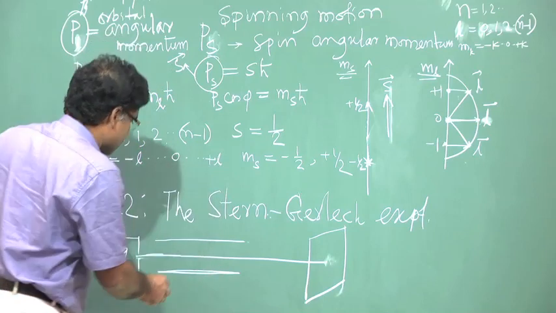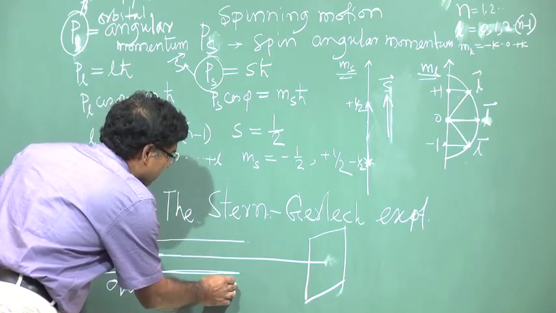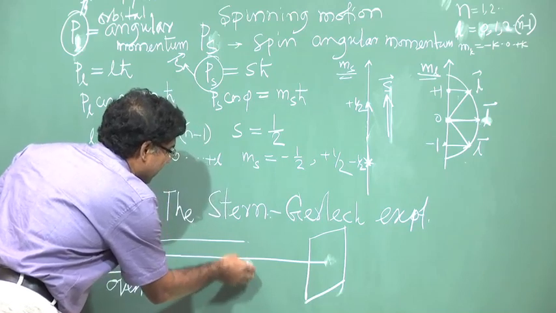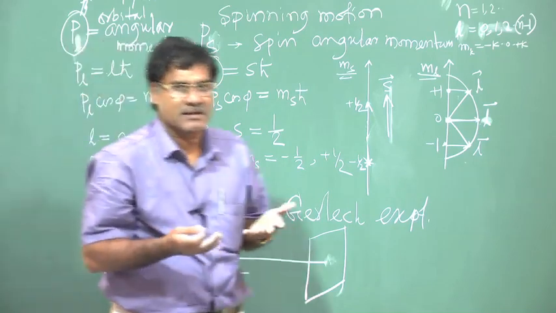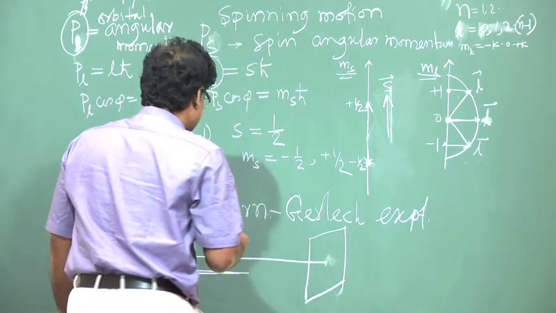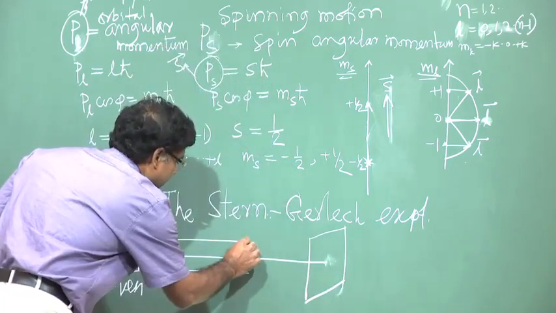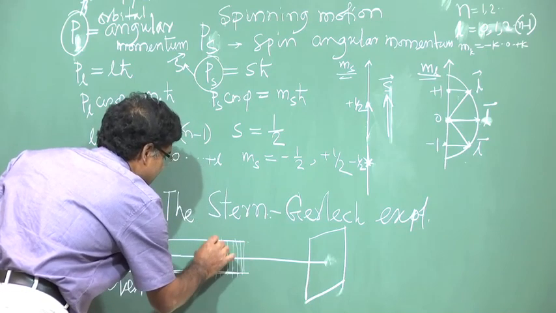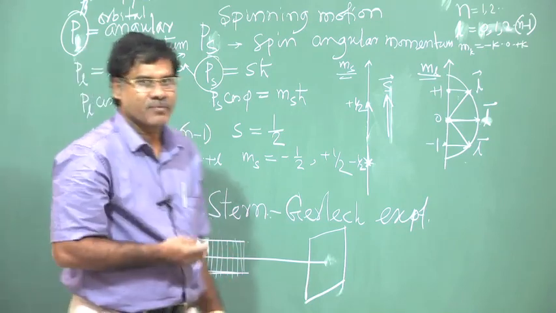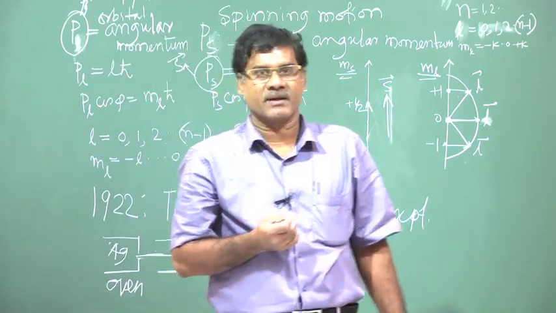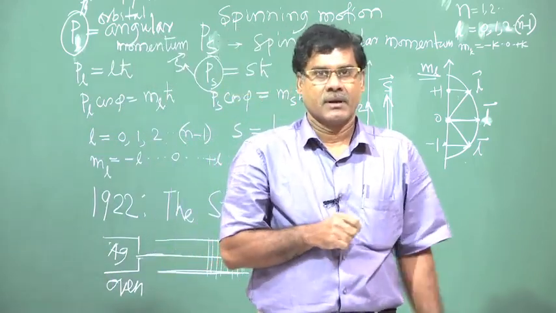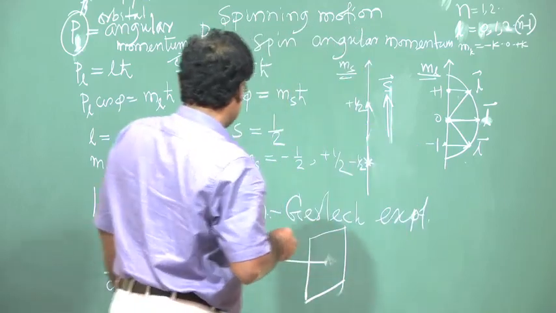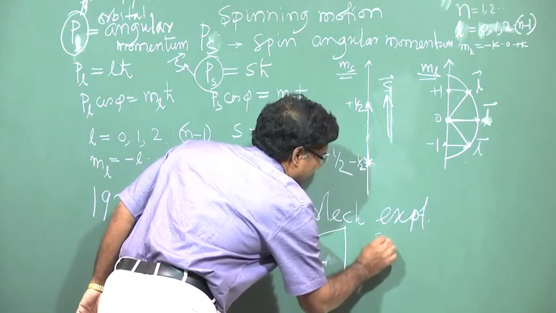Homogeneous magnetic field means the intensity of field is the same everywhere, in any direction. Then it will be a uniform or homogeneous magnetic field. Okay. They considered the inhomogeneous magnetic field.